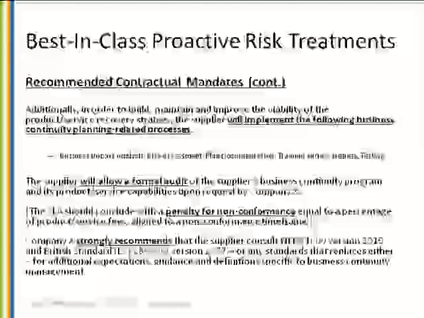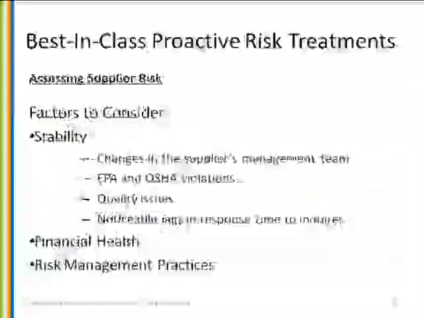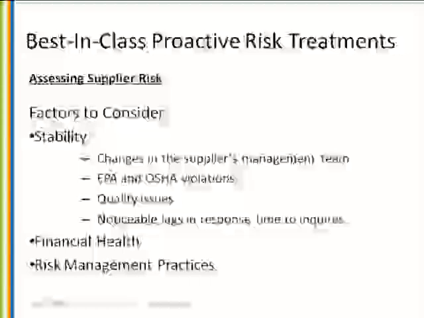The next slide, please. I'd also like to talk about the fifth item we originally discussed, which is assessing supplier risk. There are certainly a number of factors to consider. Because today we're talking about the availability risk portion, it's important to look at supplier stability.